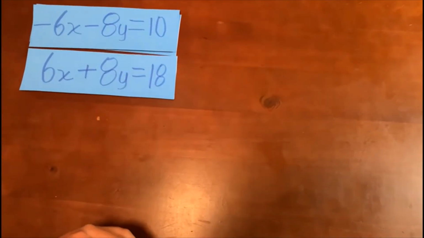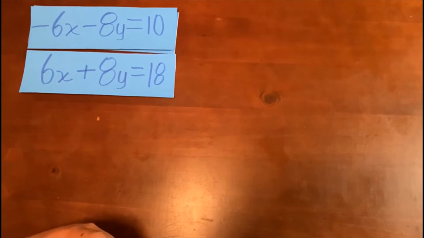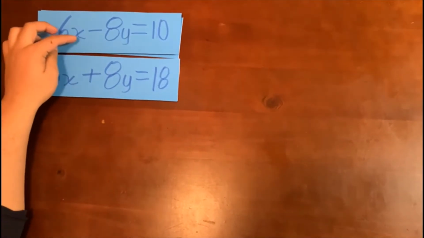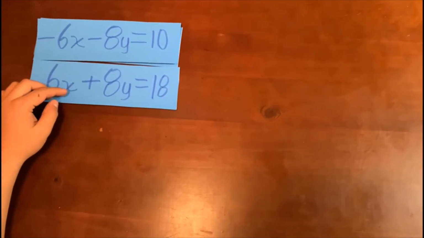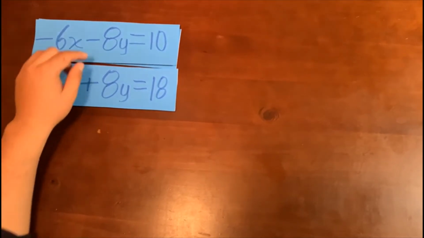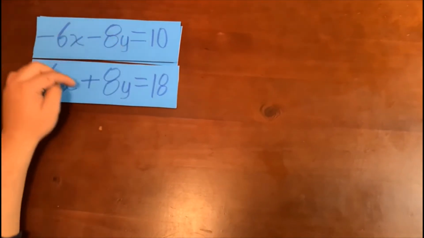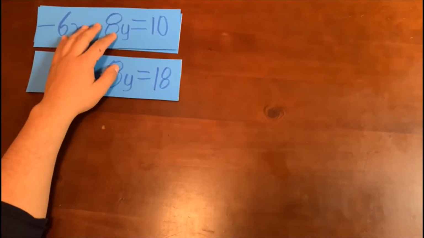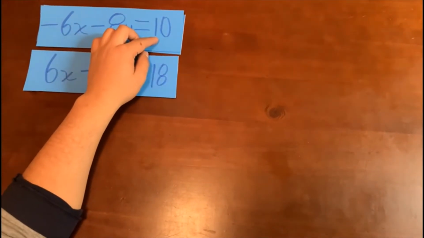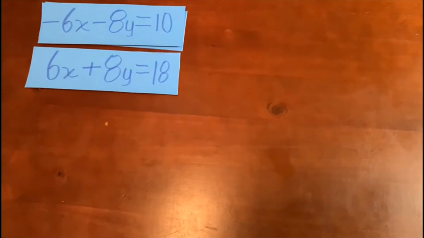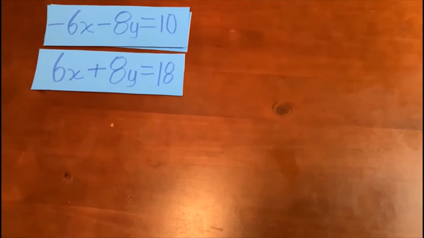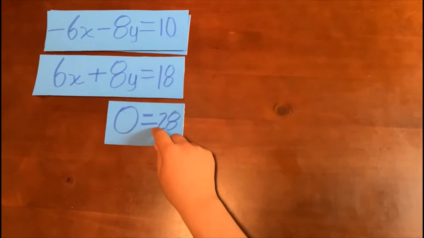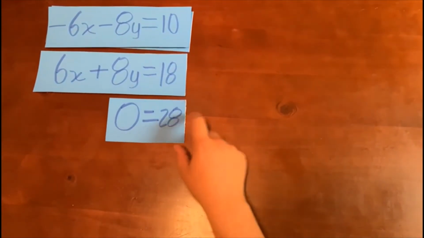So we go ahead and eliminate everything, and we have -6x plus 6x equals 0, -8y plus 8y equals 0, but 10 plus 18 doesn't equal 0, it instead equals 28, and we have 0 equals 28.